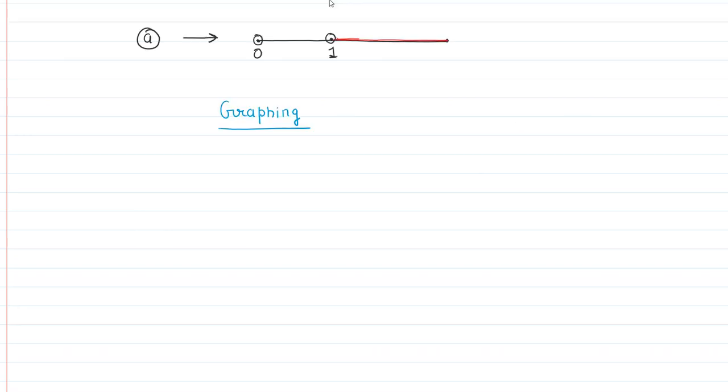So let's graph the exponential function. So there are two cases basically. When a is greater than 1, and when a is between 0 and 1. So first let's see a is greater than 1.